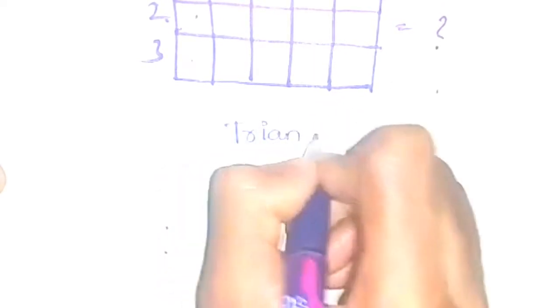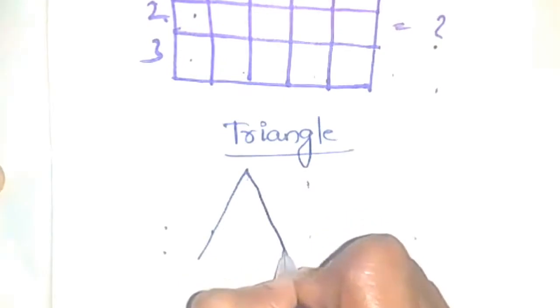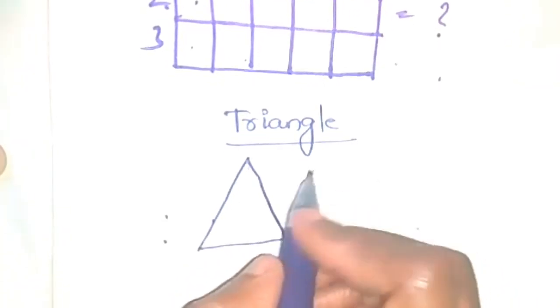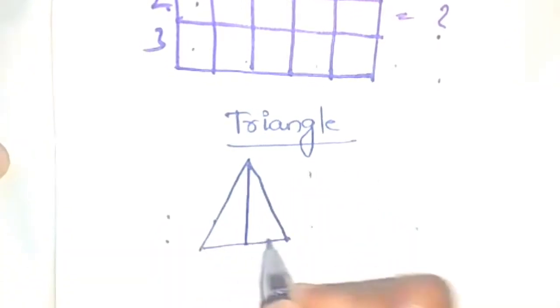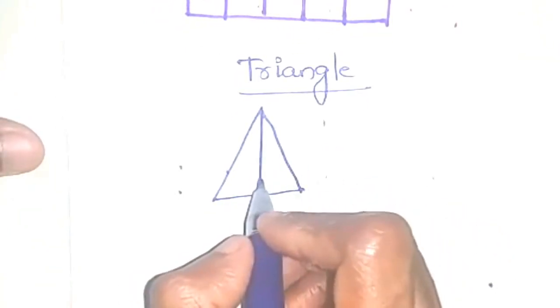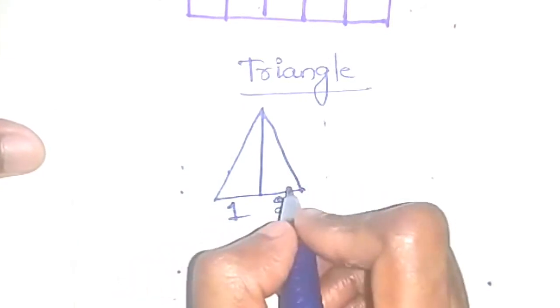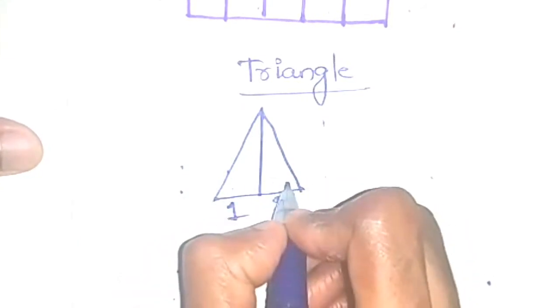And now here is one more type of problem, that is, we all know a triangle, right? So now this is a triangle. Now if I draw a line like this, and we want to find the number of triangles in this, we have to divide it as 1, 2. Here two parts it is divided, right? This is the first part and this is the second part.